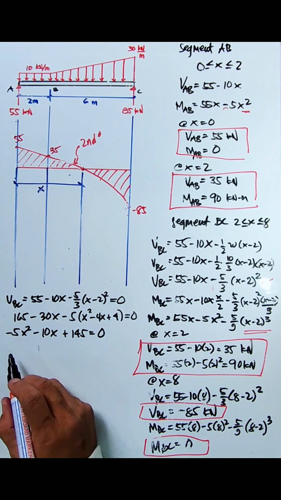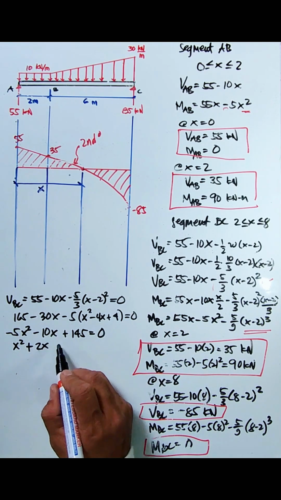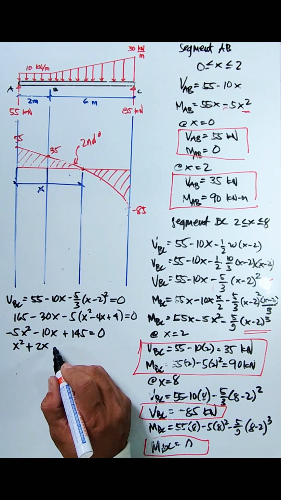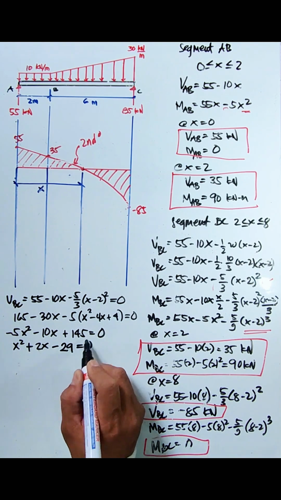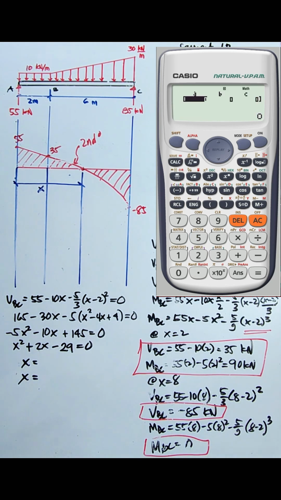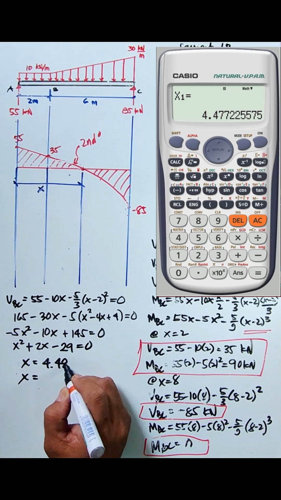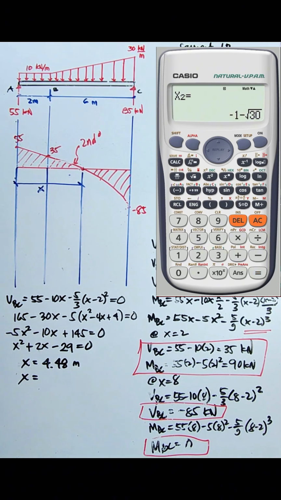So we divide everything by negative 5, we'll have x squared plus 2x, and 145 divided by negative 5 is negative 29, equals 0. And solving for x, we'll have two values. That's positive 4.48 meters.